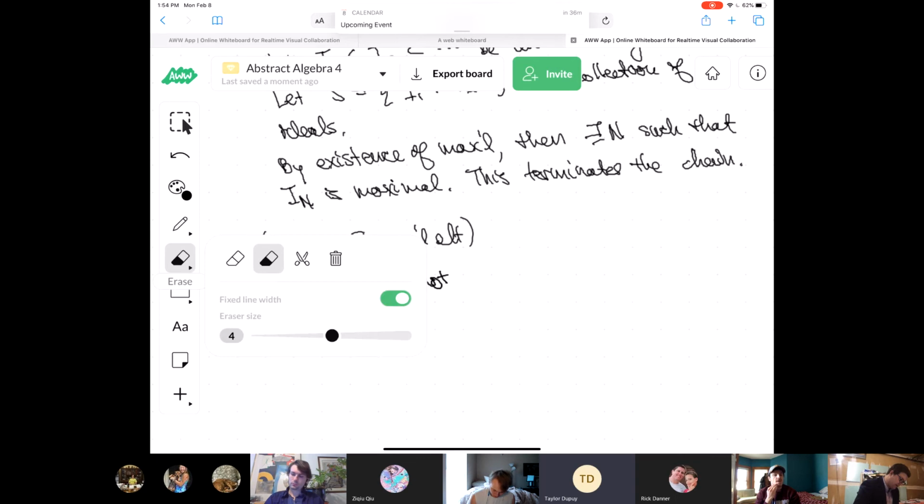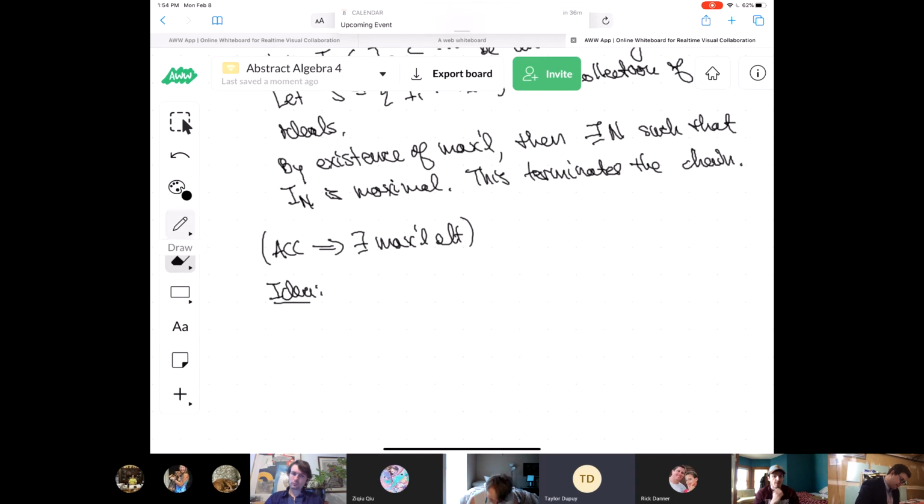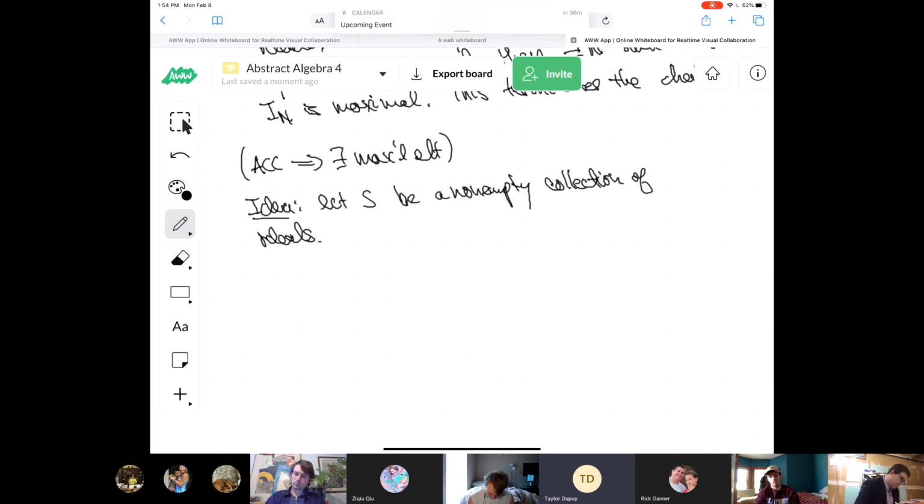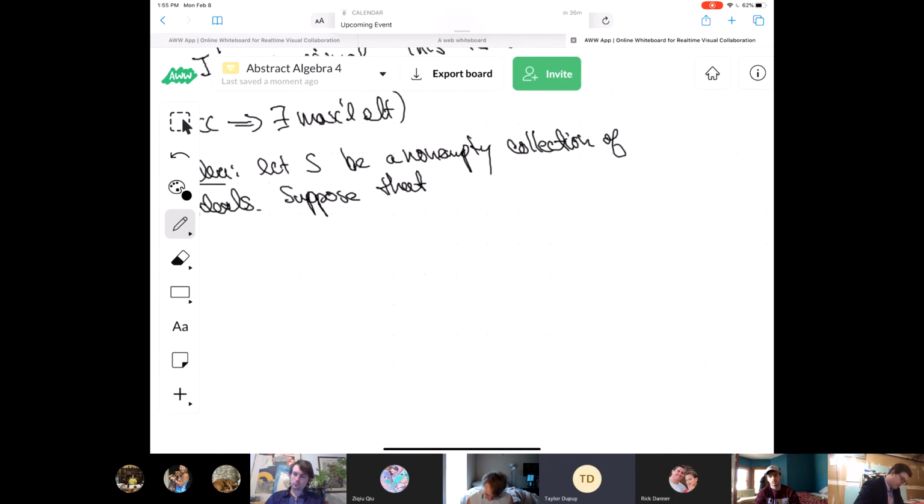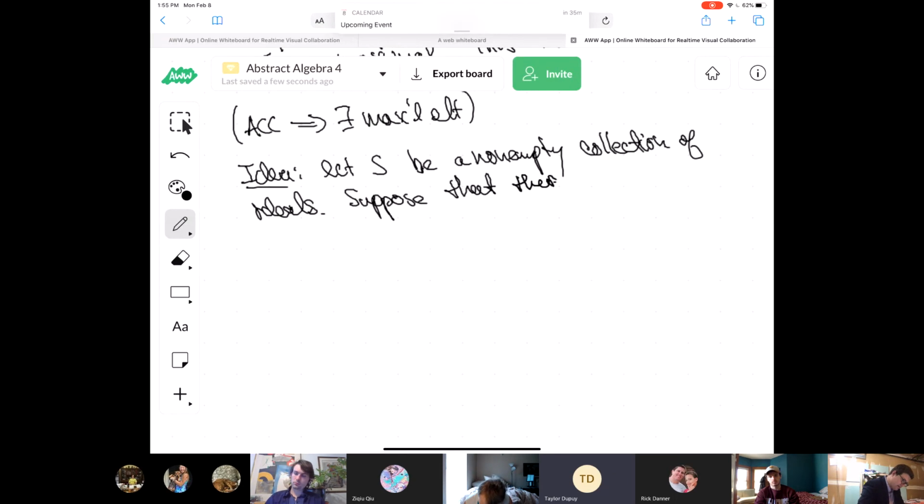Let S be a non-empty collection of ideals, and suppose that it doesn't have a maximal element.